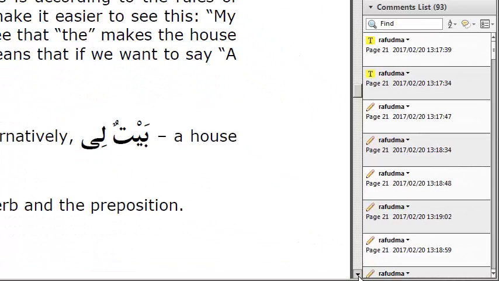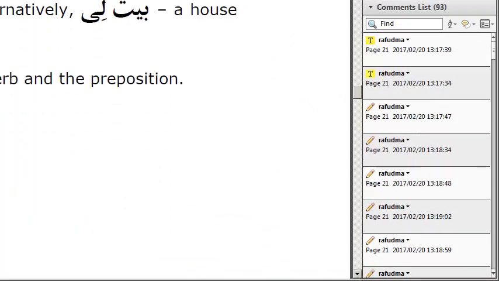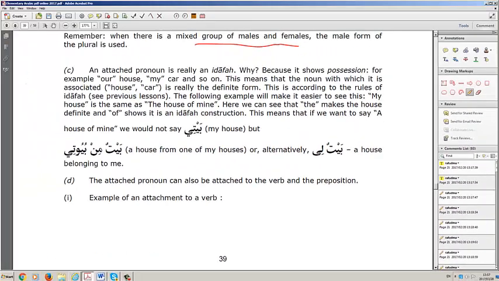Now, an attached pronoun, such as kitabuhu, his book, is really an idafa. Why is this the case? Because it shows possession, such as my house, our car, and so on. This means that the noun with which it is associated, such as house or car, as in our house or our car, is really in the definite form.